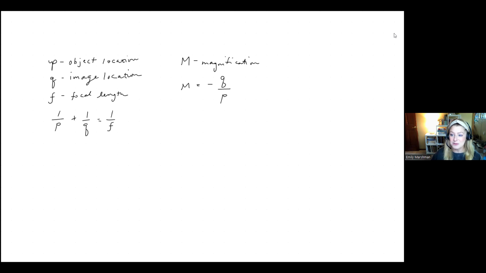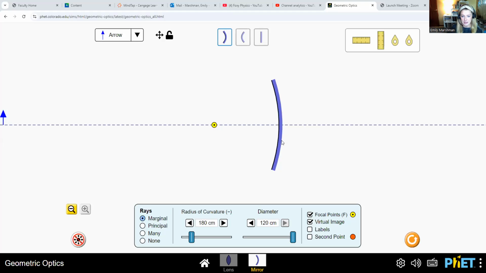So I think it would be best to go through a couple examples to see how these equations play out in terms of our mirrors. So let's go back to the simulation, and we're going to start off with a concave mirror right here.